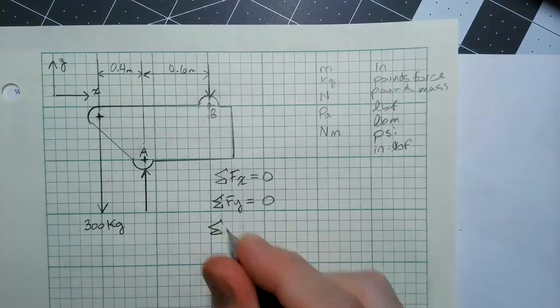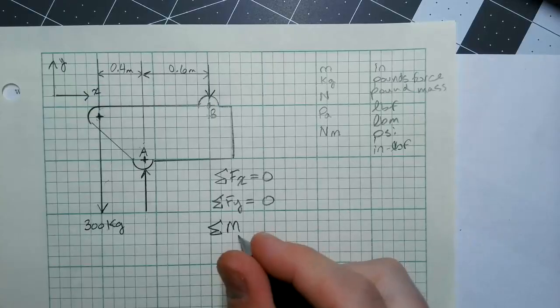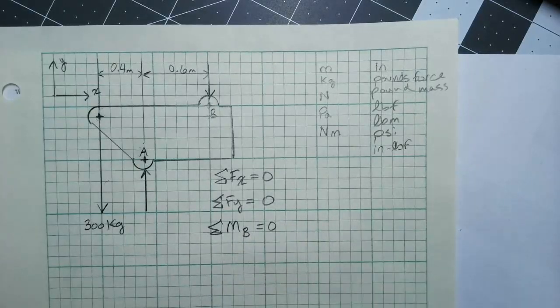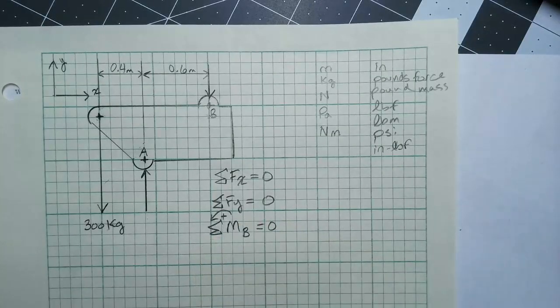And sum of the moments about a given point, for this exercise we'll select point B, has to equal 0. And remember, we have to say which direction is positive and which is negative for these moments. The convention is that counterclockwise is positive, so we'll go with that.